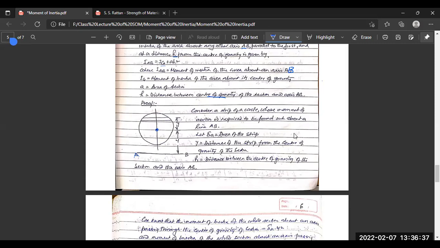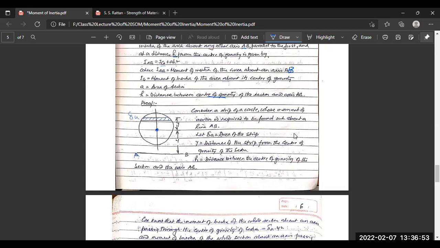Now, this delta A is the area of the strip. Consider a strip of the circle whose moment of inertia is required about the line AB. Delta A is the area of the strip.